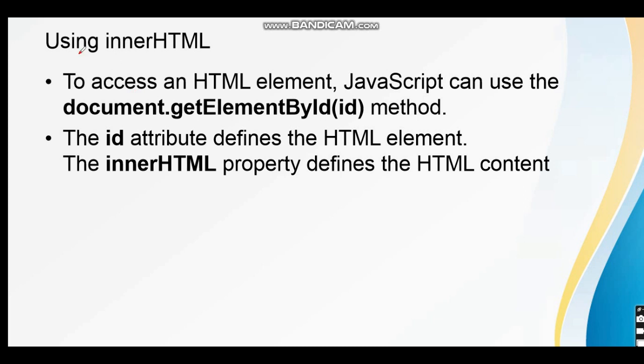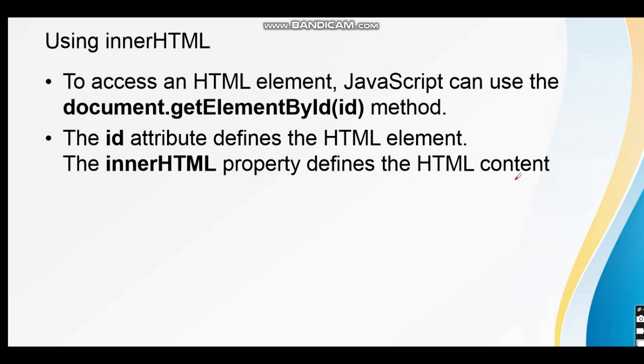Now next is using innerHTML. To access an HTML element, JavaScript can use the document.getElementById method, with the ID in the parentheses. The ID attribute defines the HTML element. The innerHTML property defines the HTML content.